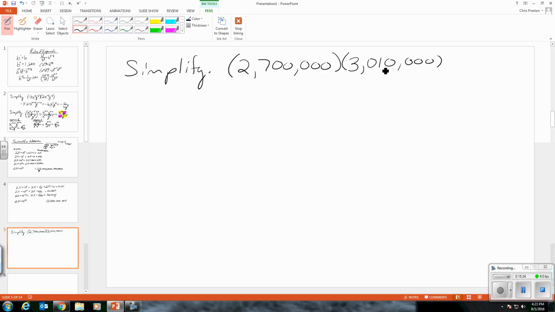I could do that as they're written, and if I use a calculator, it probably wouldn't be that hard. But it would be a really long number and keeping track of all those zeros. So what would be easier is if I turn these to scientific notation.